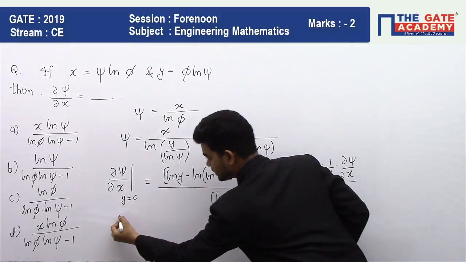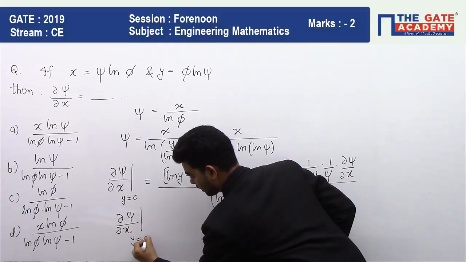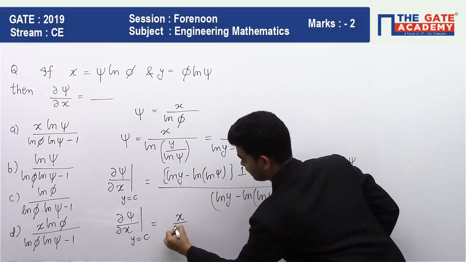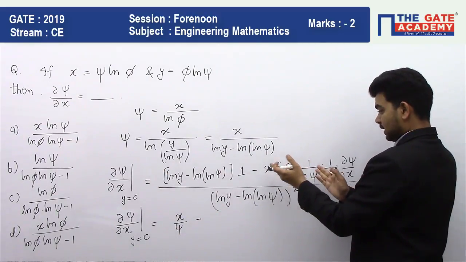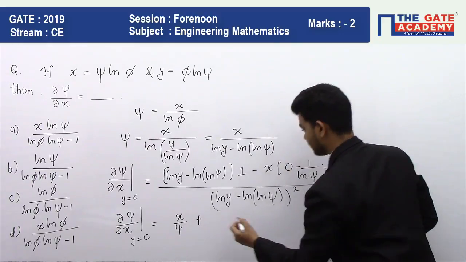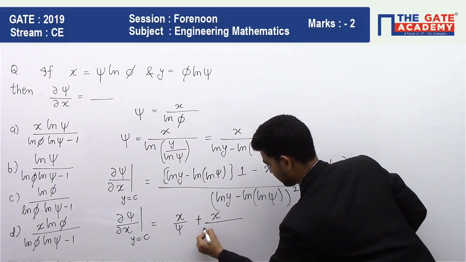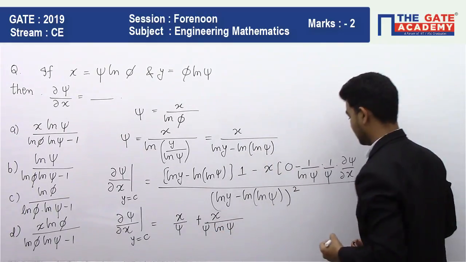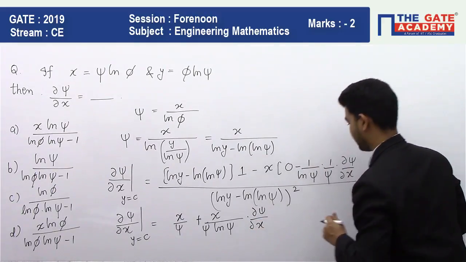So we can replace this and we will get x by psi, this whole value, minus, this is minus plus, x divided by psi ln psi, and it will be del psi by del x.